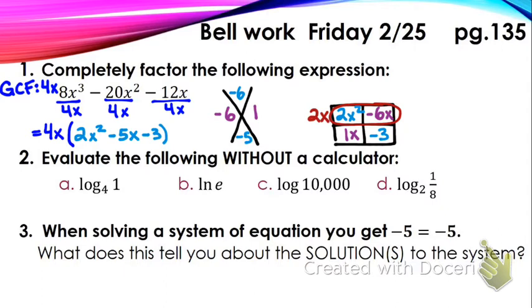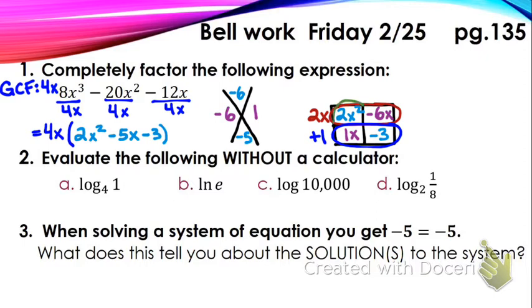Because they both have a factor of 2, and they each have a factor of x. Now if I look at my bottom row, I have 1x and negative 3. What is the greatest common factor? It's just a positive 1.